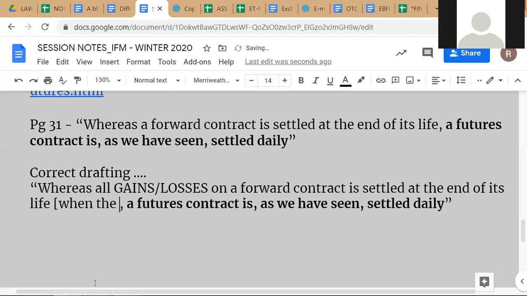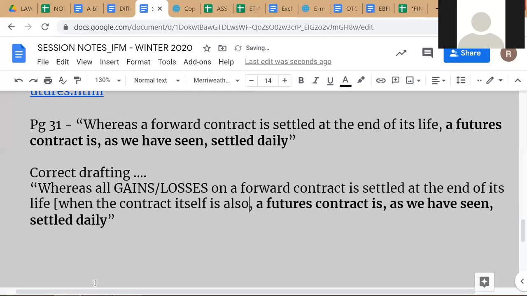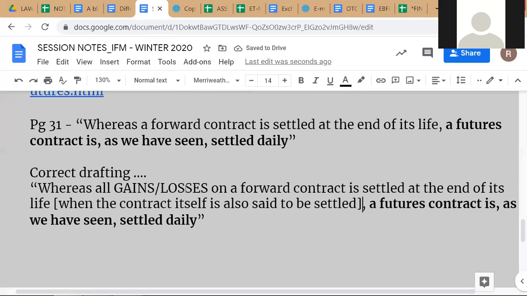When the contract itself is also said to be settled. Okay, so this is the settlement date. So in the case of a forward contract, you have one transaction date and you have one settlement date. So that actually should be referred to as the final settlement date.